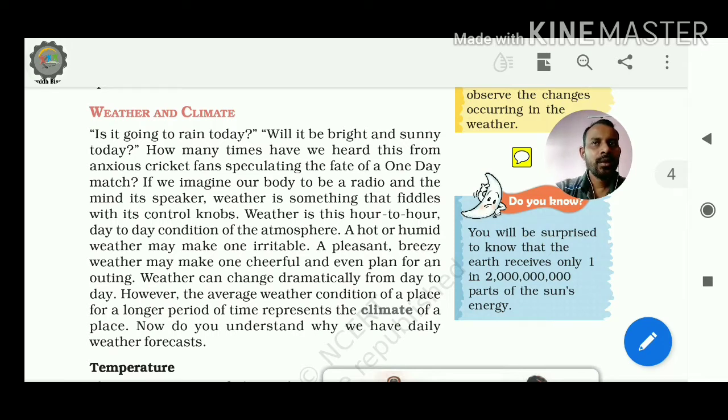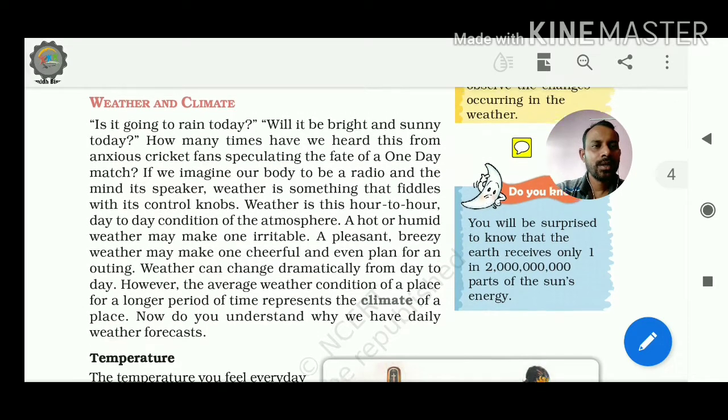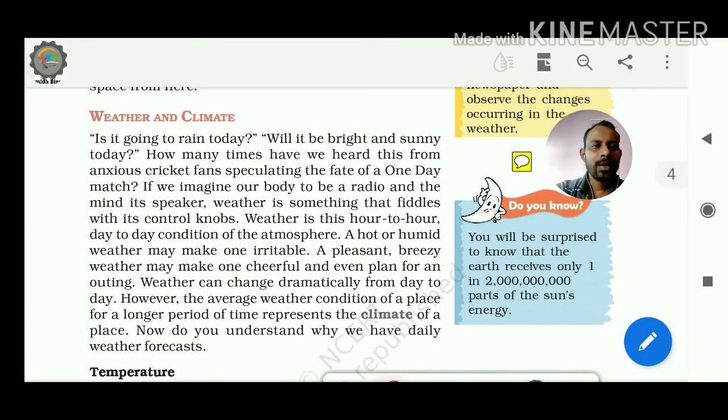But when we calculate the average of weather conditions for 30 to 35 years, that is referred to as the climate. So the climate of India, the climate of any other country or continent, depends on the information regarding the particular area for 30 to 35 years.